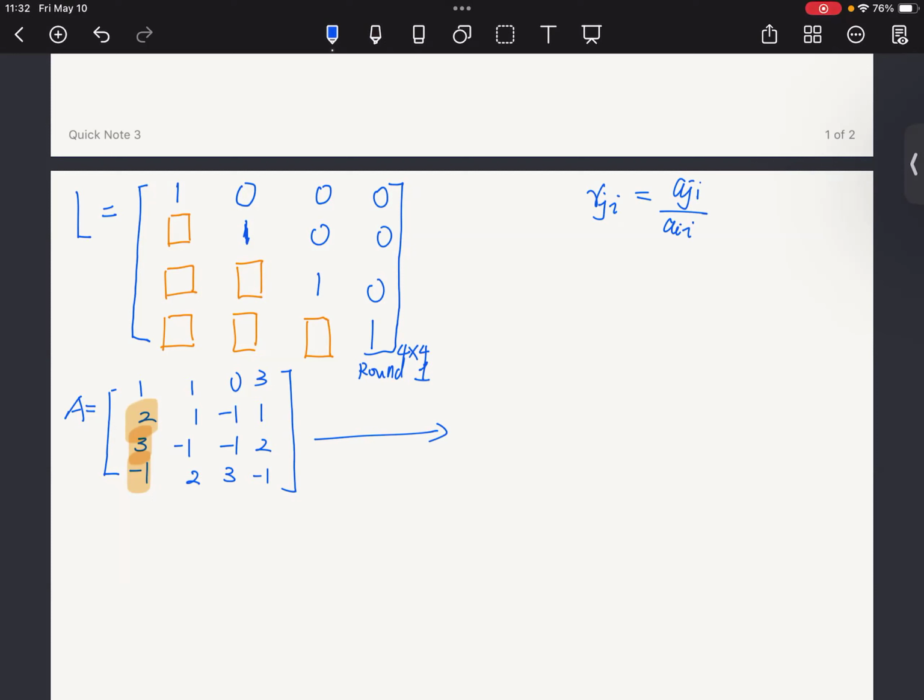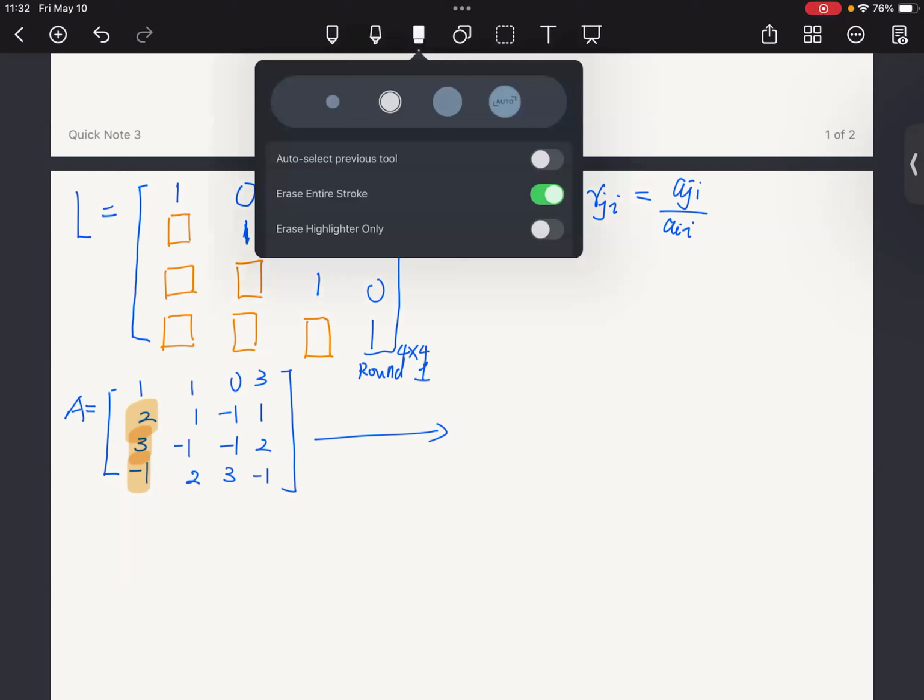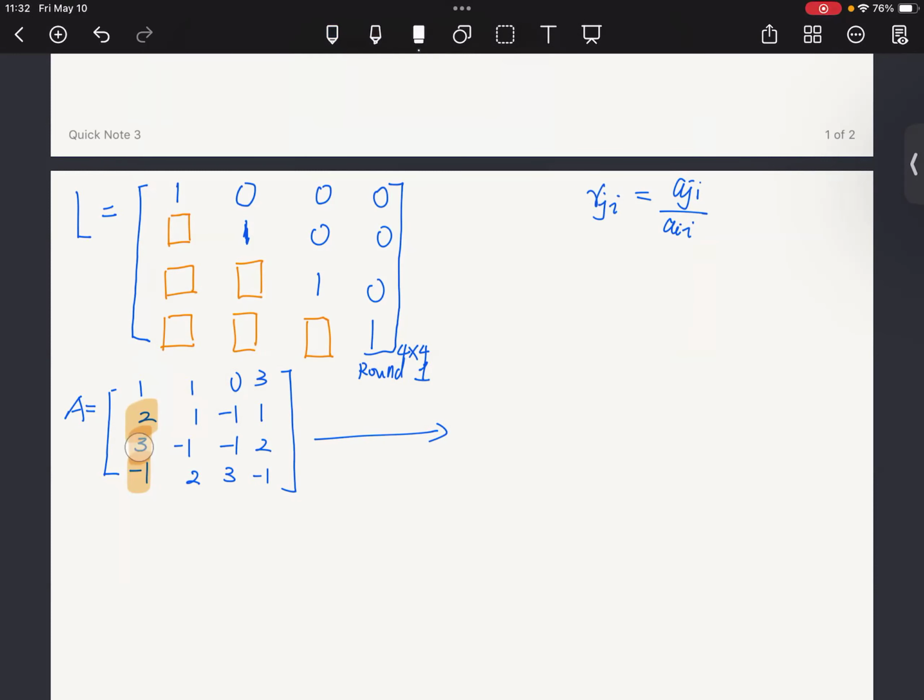So for the first round iteration, if I want to eliminate this part to be 0, what should I do?